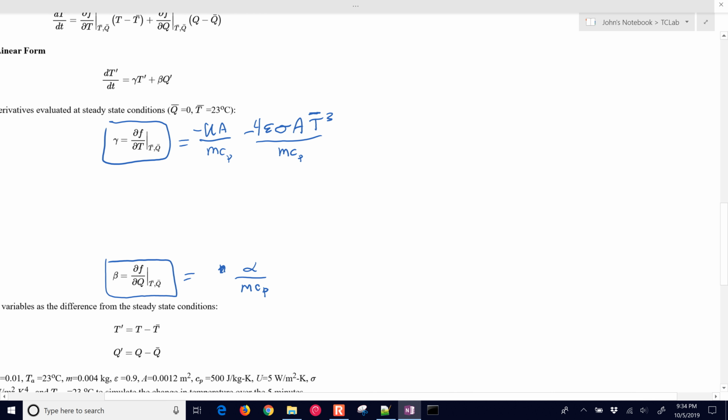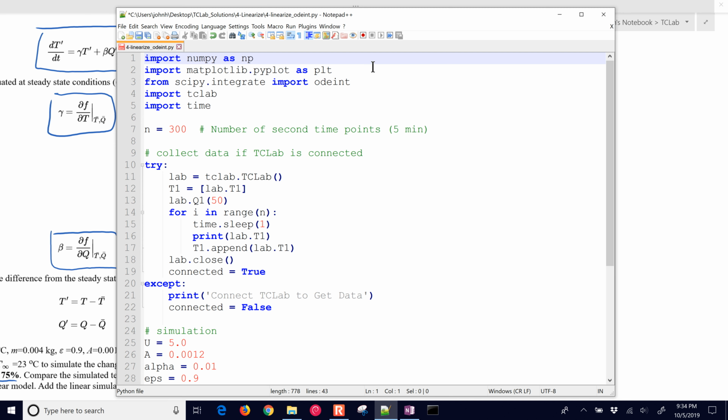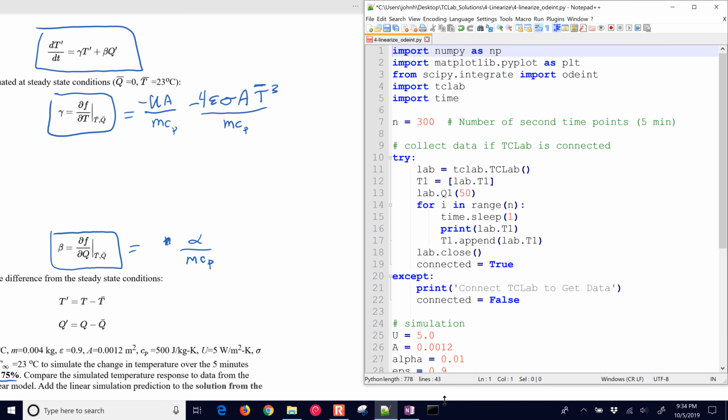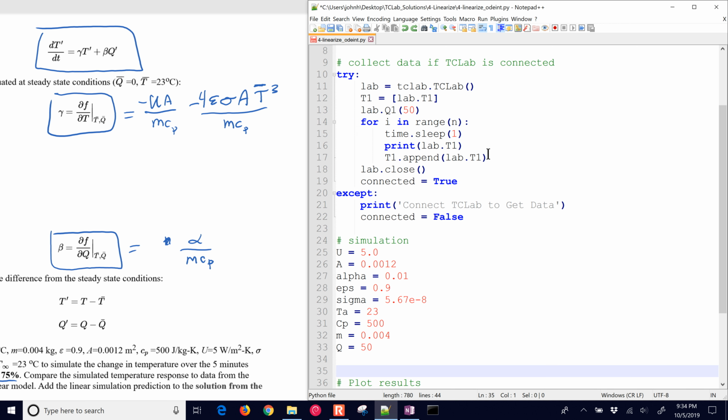Let's go ahead and just plug those into our code now. We're going to simulate this, where this is our differential equation. We want to simulate that together with the nonlinear expression that we had from the prior example. So I'm going to add this to the script that we had that combined our radiative and our convective heat transfer. It also collects the data, so we'll be able to compare all of them together and see how much they're different.